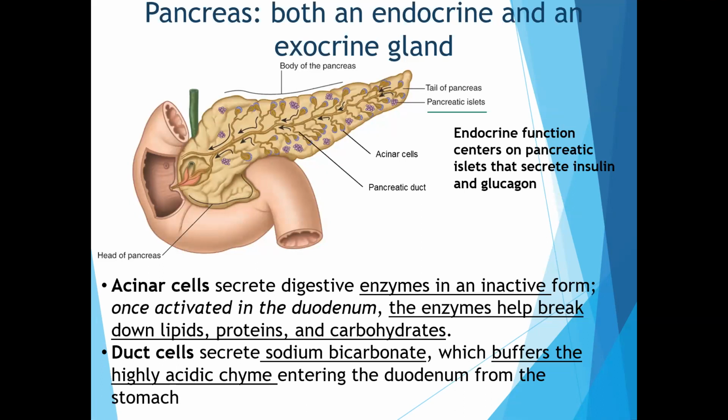So it has quite a high pH compared to the hydrochloric acid and highly acidic chyme coming from the stomach. It neutralizes the chyme so that it's not crazy acidic as it goes into our duodenum. So the duct cells secrete the sodium bicarbonate that helps buffer the highly acidic chyme. Our acinar cells secrete the digestive enzymes, and the pancreatic islets secrete insulin and glucagon. So a very tiny, but very important organ.